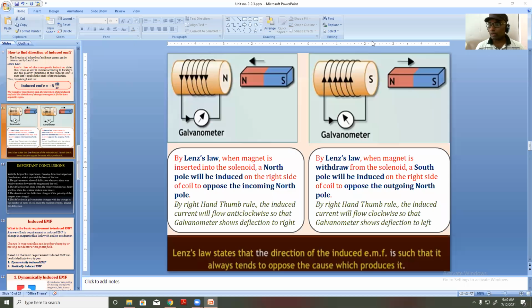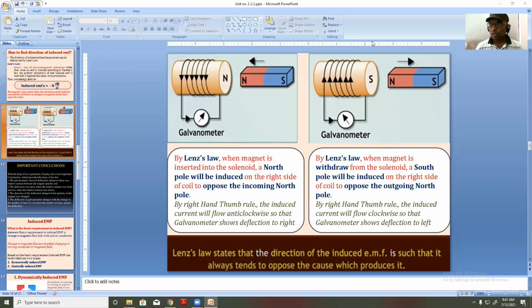The second law says that the magnitude of induced EMF in a coil or conductor is the rate of change of flux linkage. What is meant by flux linkage? The flux linkage is the product of N into phi.